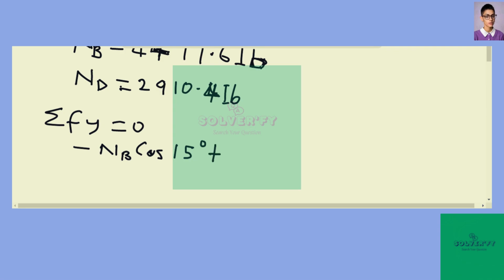Of course, Fb is converted to mu Nb, knowing that frictional force is the coefficient of friction times the normal reaction.